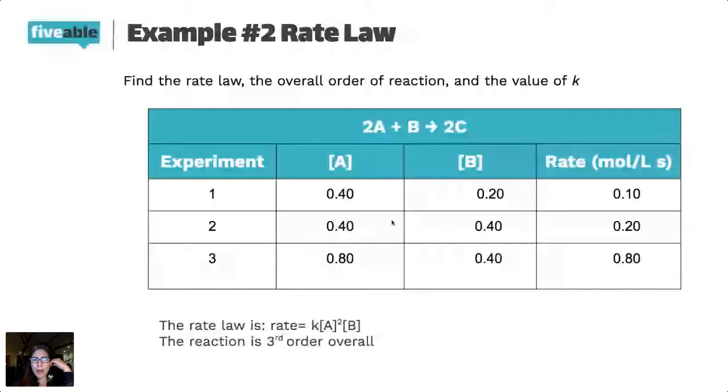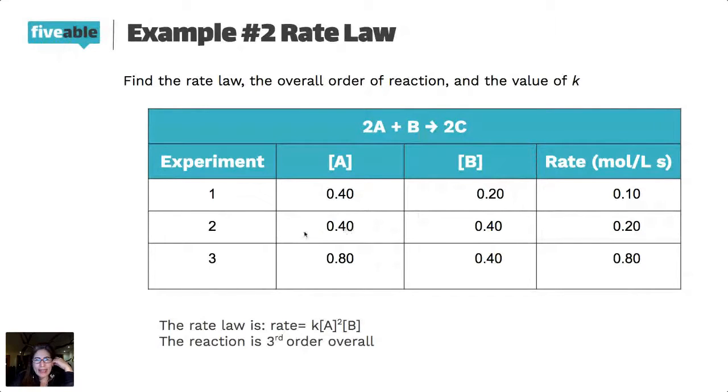So for example, if we only observe experiments 1 and 2, we check that concentration B doubles while A is maintained constant. So we check the rate and the rate doubles, but this effect will only be with respect to B. So that's why it's order 1.